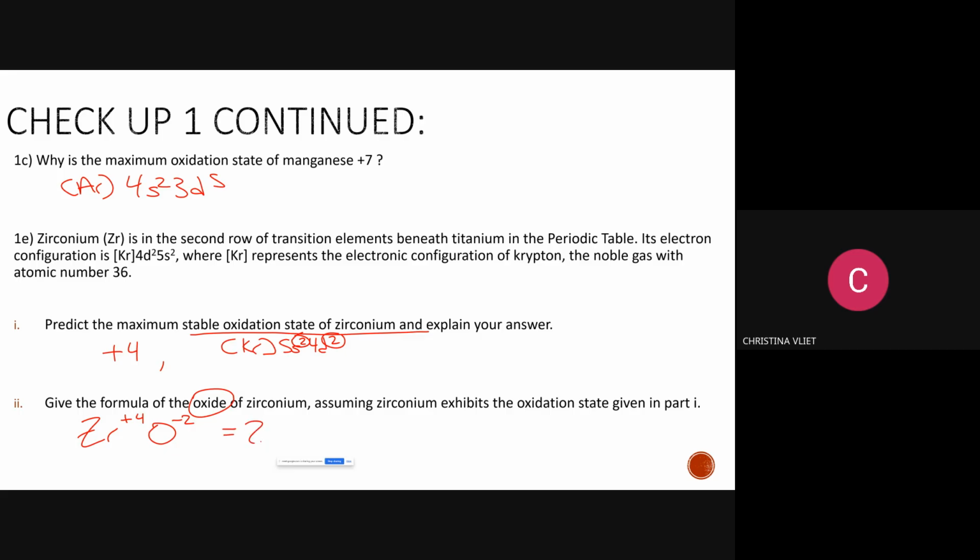Just ZrO2. You would crisscross and get Zr2O4, and then you would simplify, which means divide both by 2. And that gets you here. Hopefully we remember how to do that.